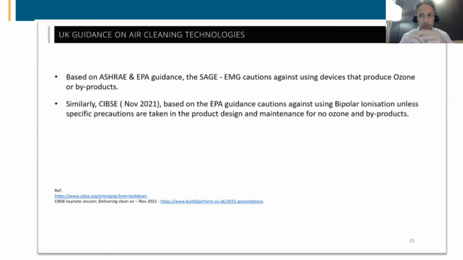And I'm not just talking bipolar ionization or needlepoint bipolar ionization, anything electronic: photocatalytic oxidation, dry hydrogen peroxide, UVC lights, polarized media filtration, electronic air cleaners, anything that's electronic, electric, that plugs in, that's an air cleaner, should be validated to this UL 2998 zero ozone producing standard.